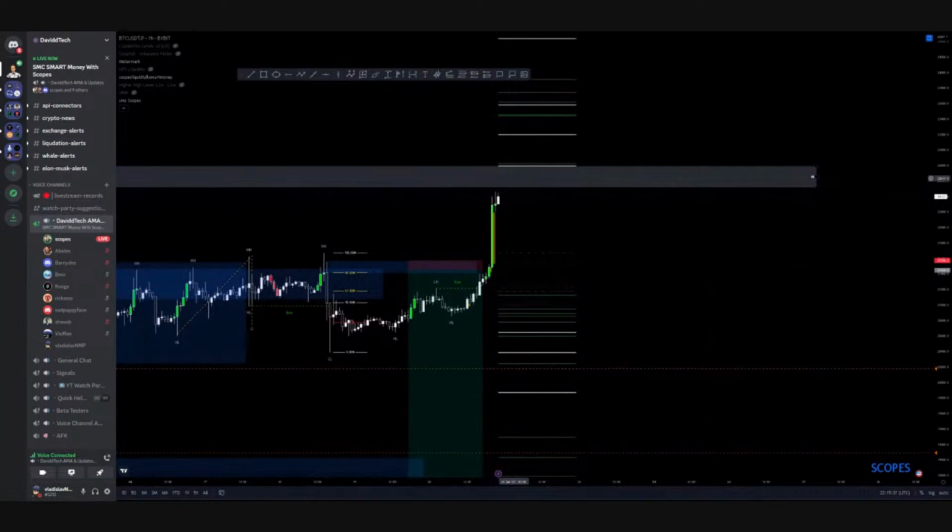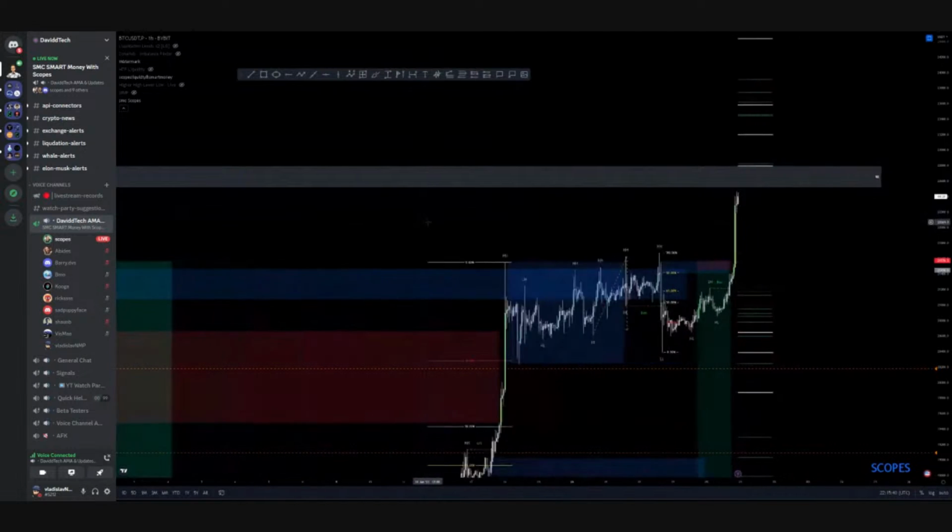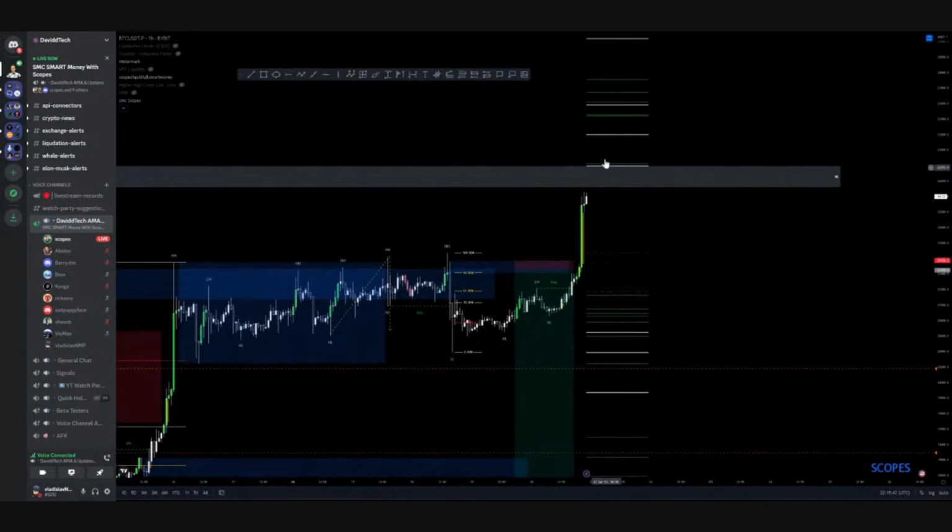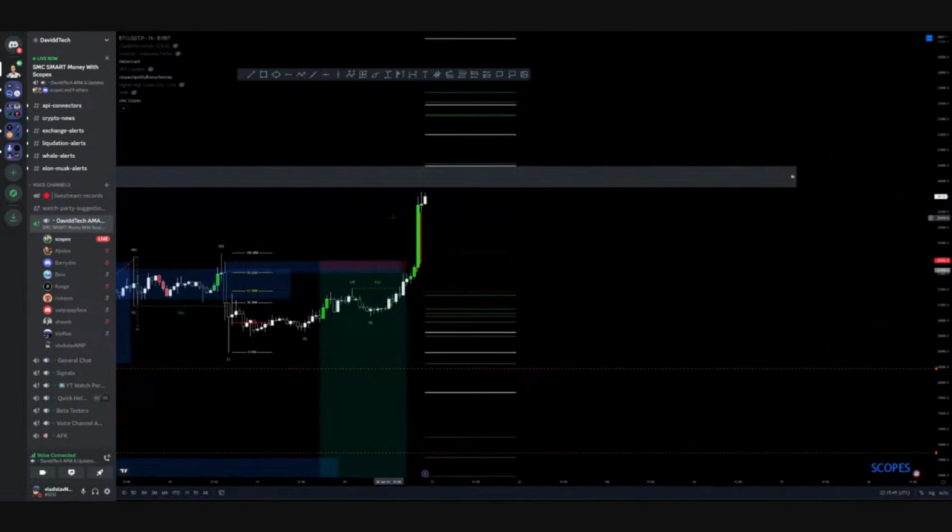Obviously, price is so close to it, easily catch that and then come down. I would expect price to test this or bounce from this area, but this doesn't mean I'm going to be in a trade from this area.